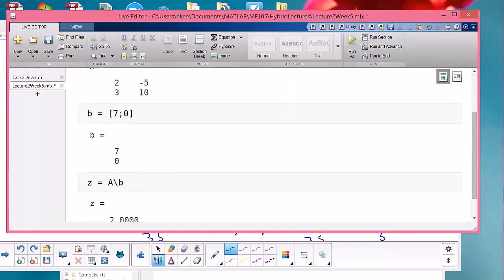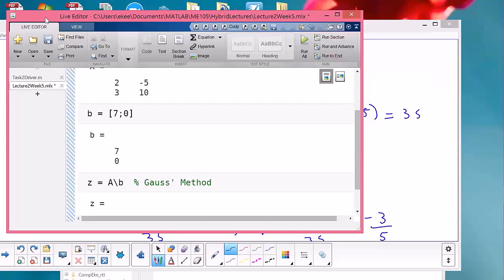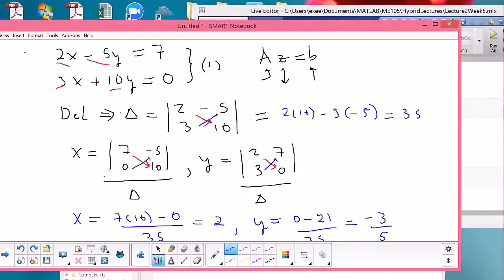To solve it, this is using Gauss's method. And now let's check my results and compare them with what MATLAB is saying. MATLAB says that the results you should have for X should be 2 and minus 0.6.